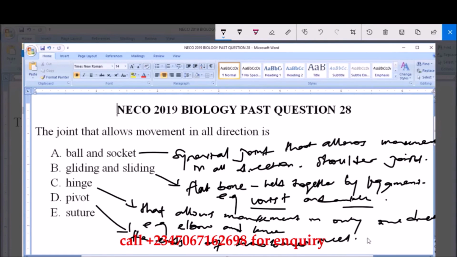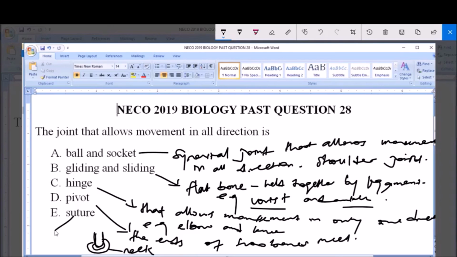So we call it a pivot joint. An example where you can find this pivot joint is in the neck. The neck is a typical example where pivot joints can be found.